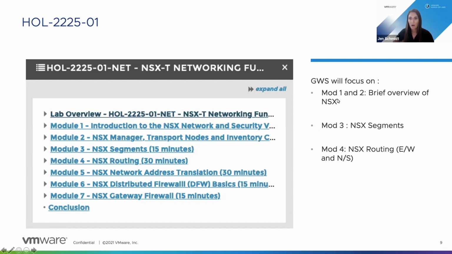I'll do a quick walkthrough of some of the NSX components, the managers, the transport nodes and edge nodes. And then Claire will walk you through modules 3 and 4. Module 3 is on NSX segments, and in module 4, we will only be going over the east-west and north-south routing components.